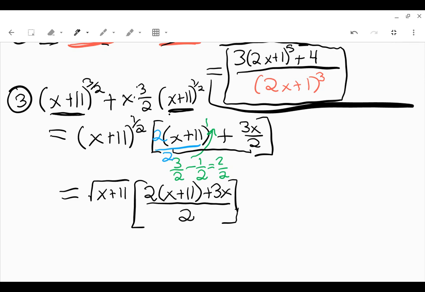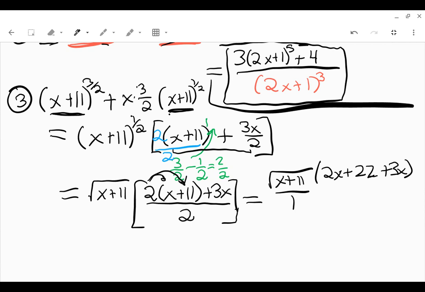Now here's what I was saying in that last example about how you should multiply things out and combine like terms. I'm going to do that here. So if you distribute the 2, so this is square root of x plus 11, and then you have 2x plus 22, sorry, plus 3x all over 2.